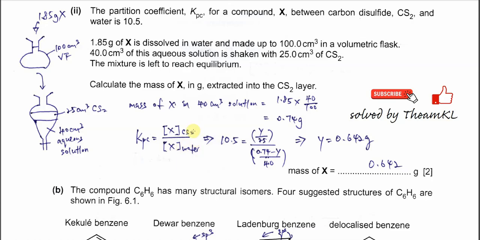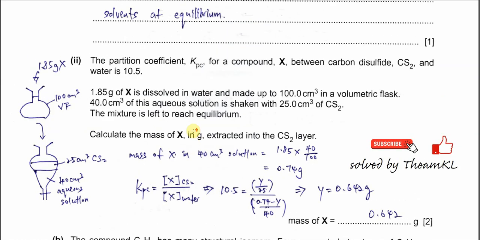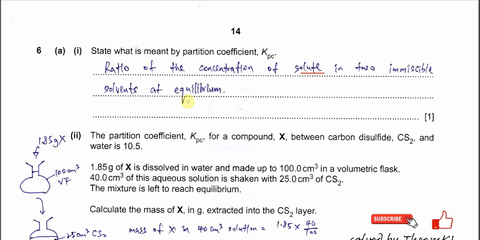These two solvents are immiscible, which means they will form two layers. A partition forms between these two solvents. Okay, so this we call partition coefficient. It's about the concentration of the solute in the two immiscible solvents.